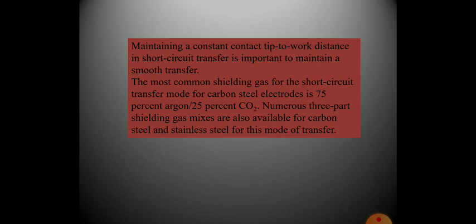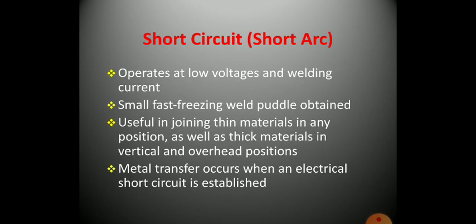The most common shielding gas for short circuit transfer with carbon steel electrode is 75% argon and 25% carbon dioxide. Numerous three-part shielding gas mixes are also available for carbon steel and stainless steel for this mode of transfer as well. So these are the short circuit transfer.